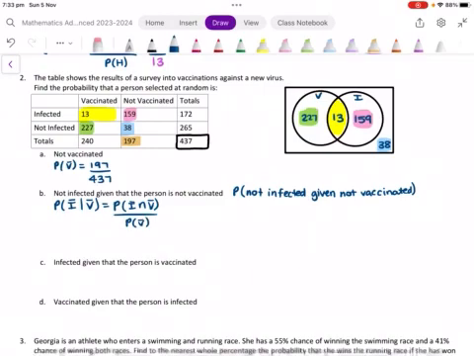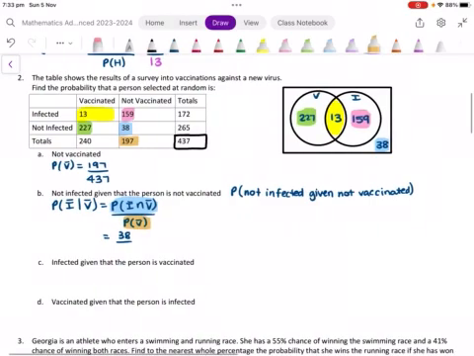So the probability that they're not infected and not vaccinated was that 38 over the probability that they're not vaccinated was that 197. So the probability of the person being not infected, given that the person is not vaccinated, is 38 over 197, which does not simplify any further.